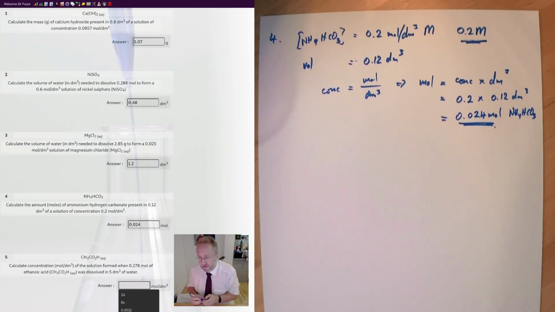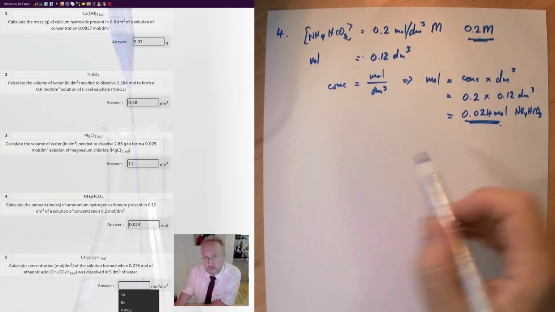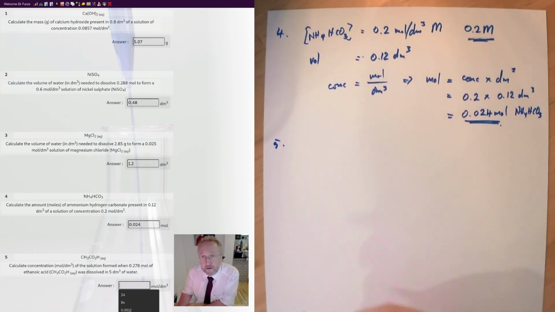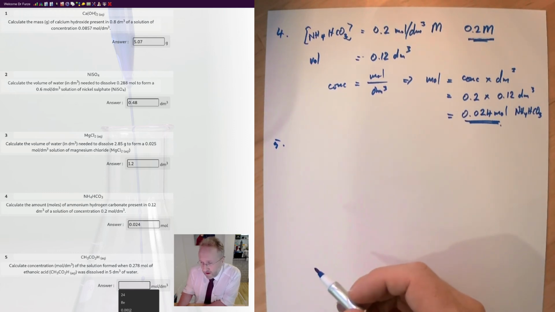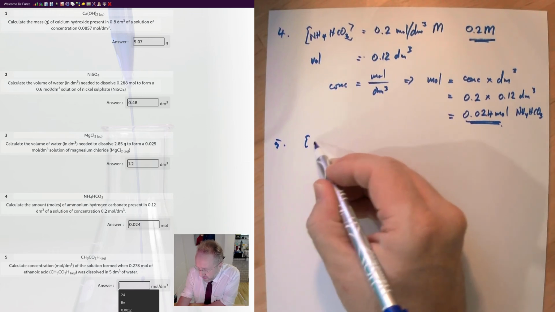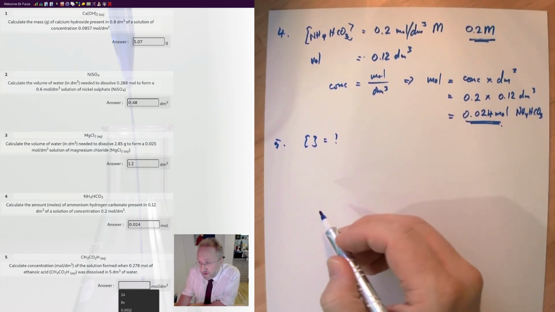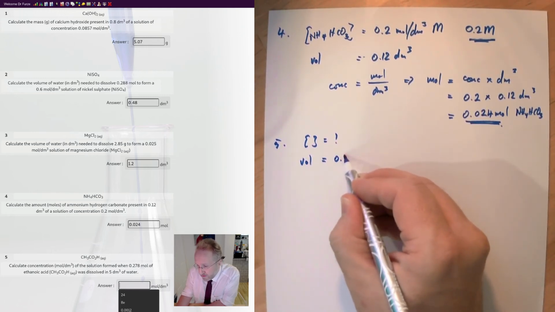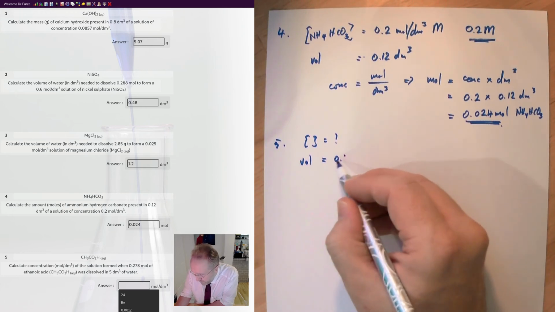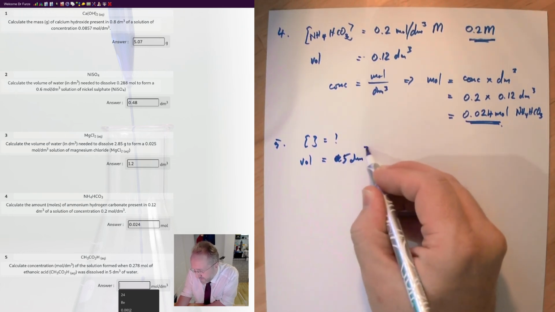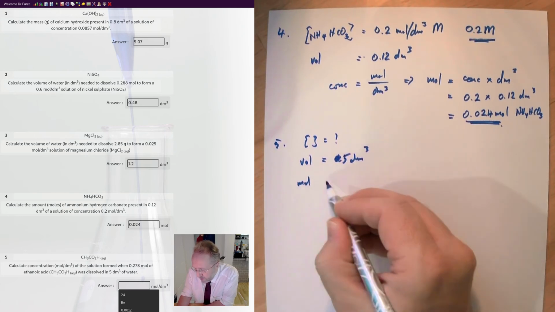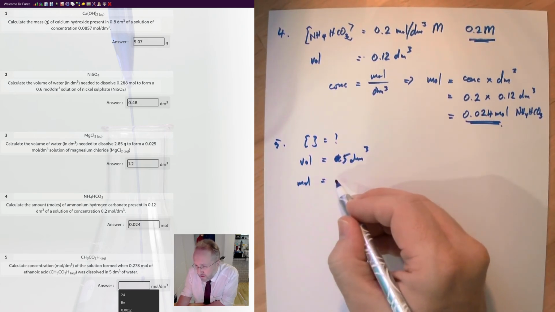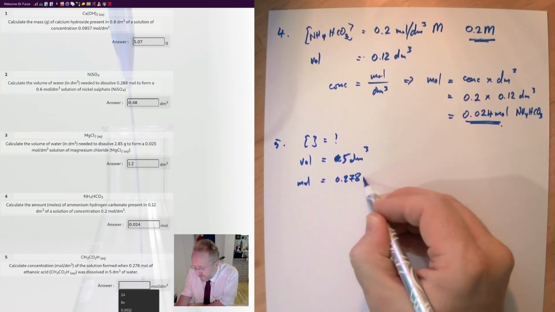We have ethanoic acid. Calculate the concentration when this many moles was dissolved in 5 dm cubed of water. Okay, so this is quite a straightforward one, so we'll just continue on this page. Okay, what do we have? We want to know the concentration. And we know the volume is equal to 5 decimeters cubed, and we know the moles, the amount is equal to 0.278 moles.